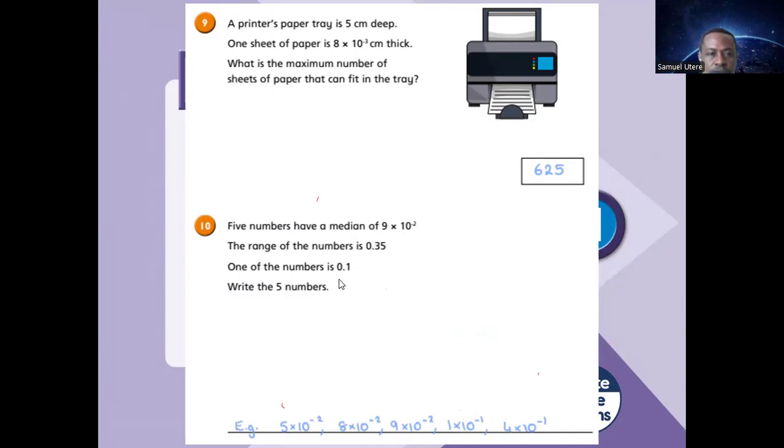And then if one of the numbers is 0.1, we can write the numbers out. So 0.1 is the same thing as 1 times 10 to the power negative 1. And here are the answers. Okay, I do not want to make this video too long, so I won't be spending time discussing this solution.